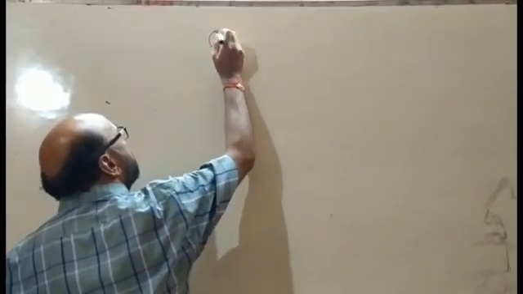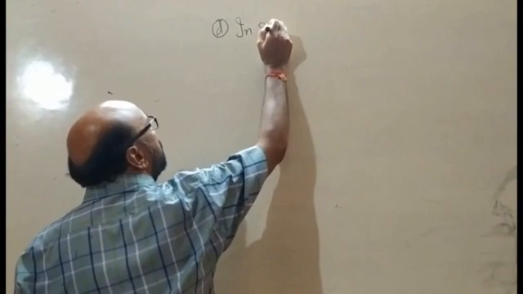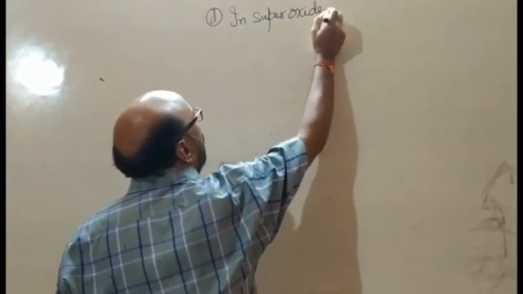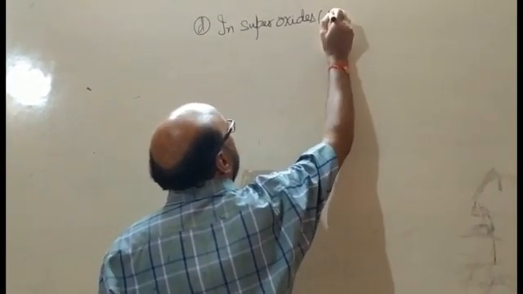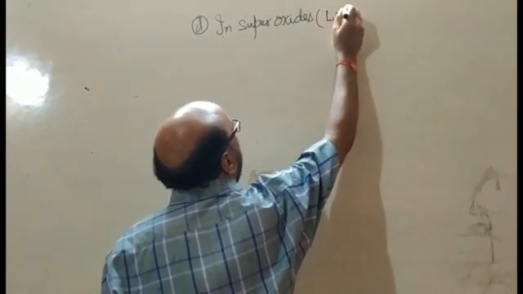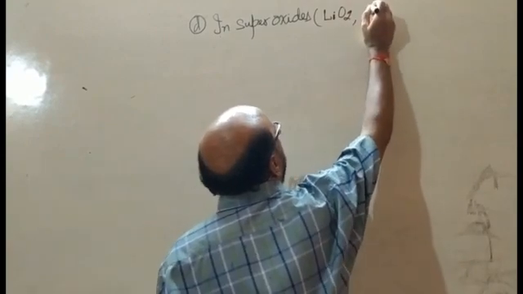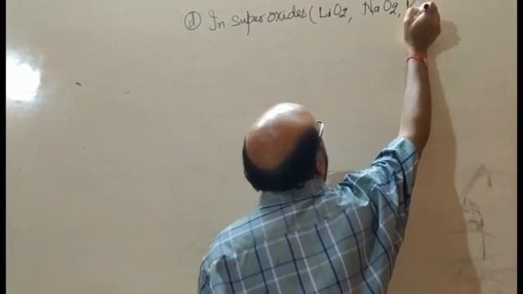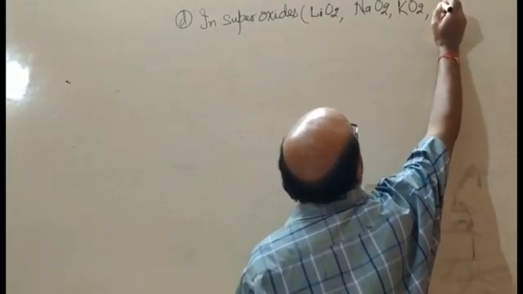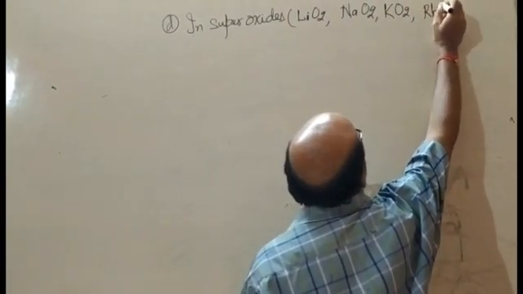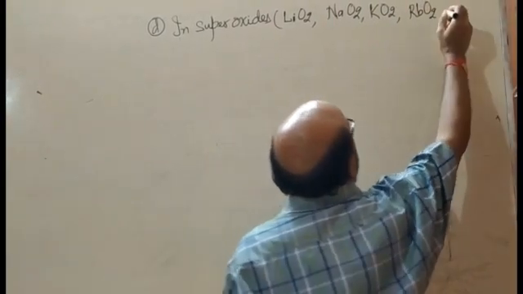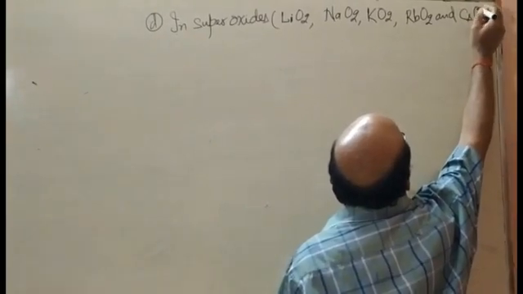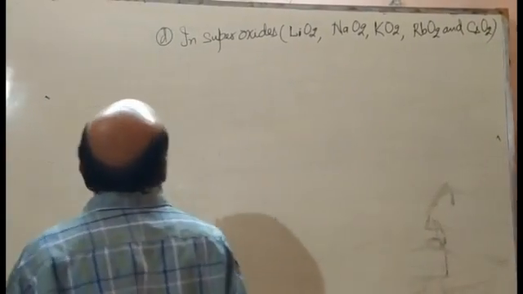The fourth exception is in superoxides. The superoxides you will learn: LiO2, lithium superoxide, NaO2, sodium superoxide, KO2, potassium superoxide, RbO2, rubidium superoxide, and CsO2, cesium superoxide.